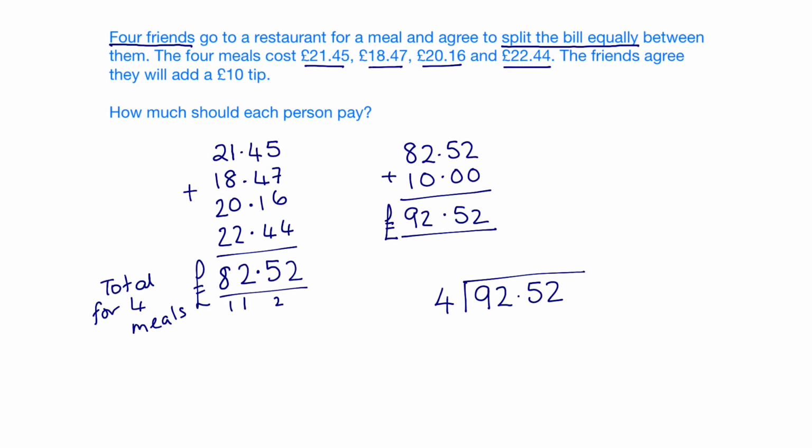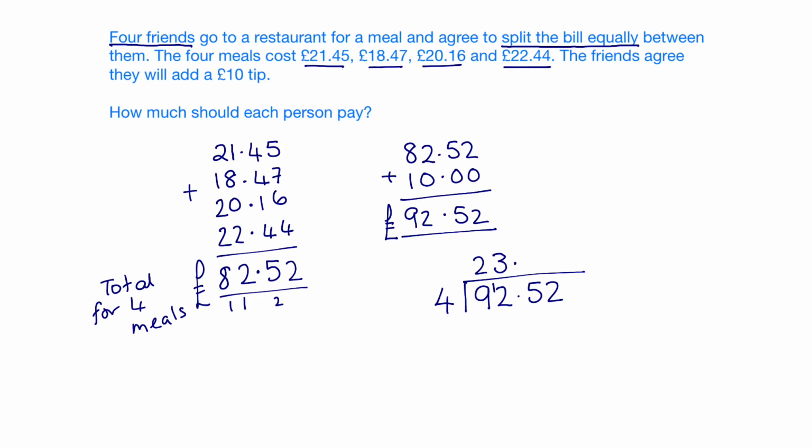So 4 into 9, well, 2 4s are 8, so there's 1 left over. Then how many 4s are in 12? Well, that's 3 exactly, isn't it? You keep your decimal points in line for dividing.